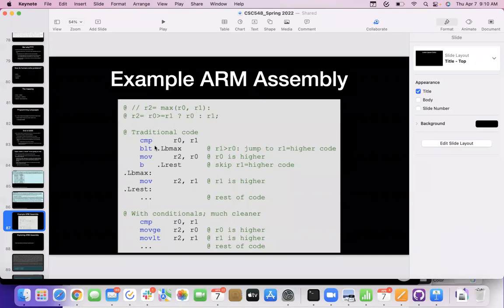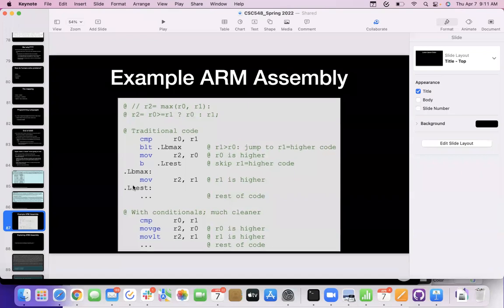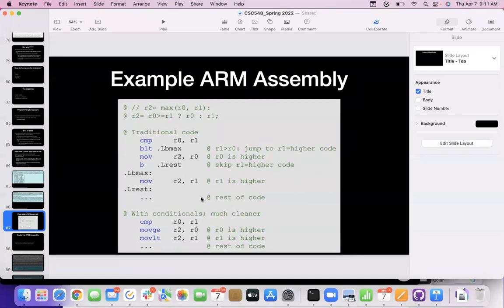So that's what this code does in a fairly straightforward way, but not taking advantage of some of the efficiencies of ARM. This is just the traditional branch: compare them, branch if one is the winner, else set the other one as the winner. Now using ARM instructions, we can do better.